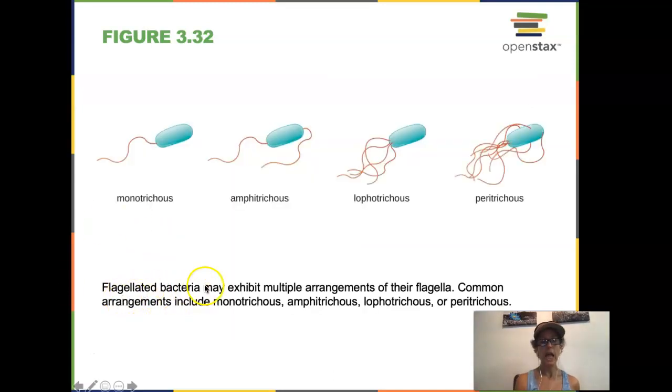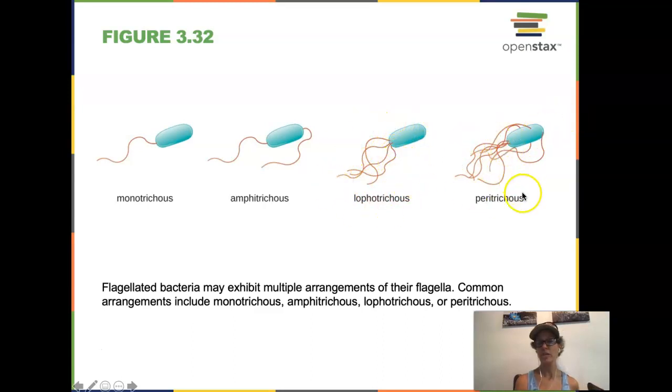The flagella can be arranged in different ways. Trichus means hairy. So monotrichus, you're one hairy, you got just one. Amphitrichus, amphi means both, so the hair is at both ends, front and back. Lophotrichus means you're hairy multiply, but only at one end.